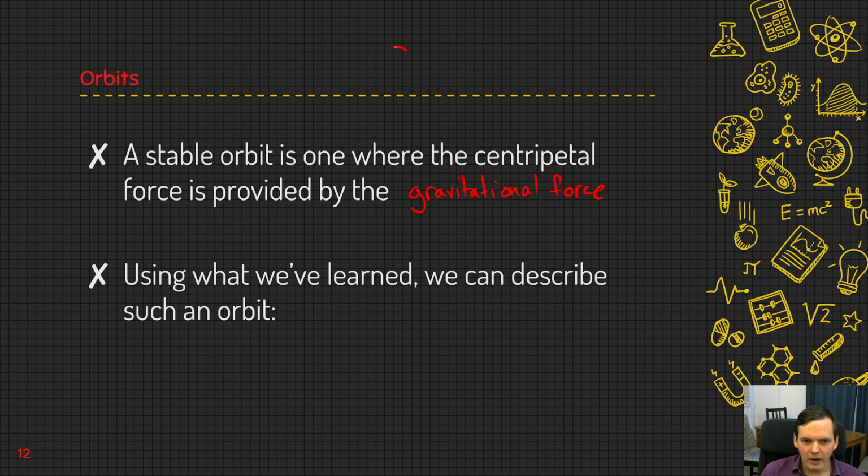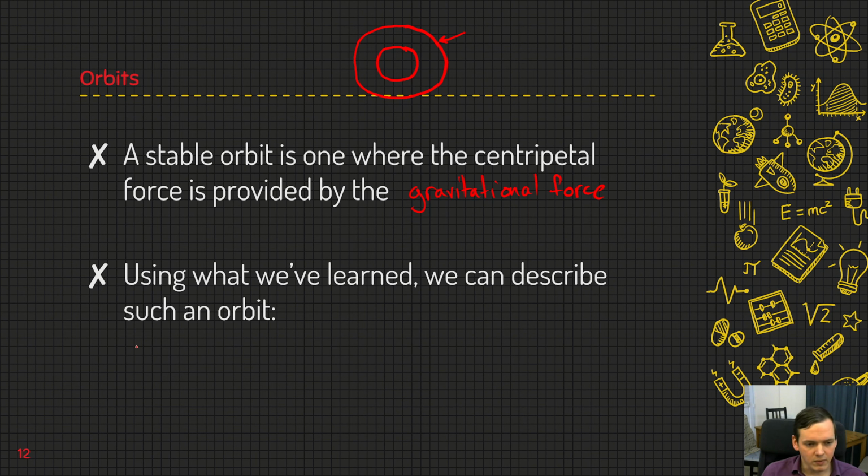But if the Earth is roughly a sphere, and you've got something orbiting it and staying at roughly the same height above the Earth, that means this is basically a circular path. And how does it stay in a circular path? Well, it's always being turned or pulled towards the center. So if that orbit is going to be stable, that means the gravitational force is what's keeping it traveling in that circle.